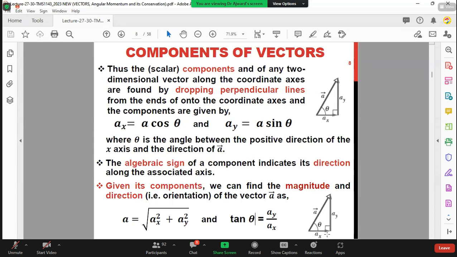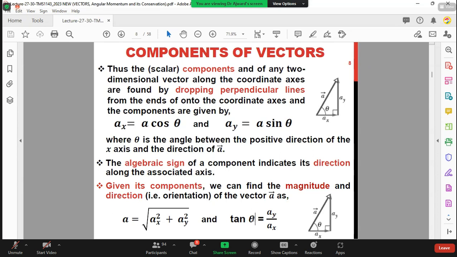Of course, you have to take the tan inverse, the arctan, then you will find the theta.